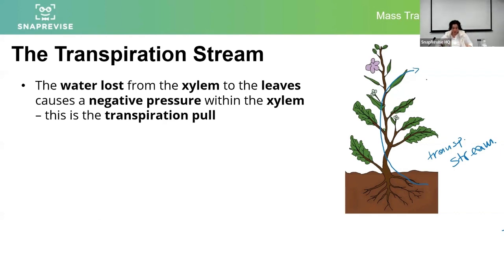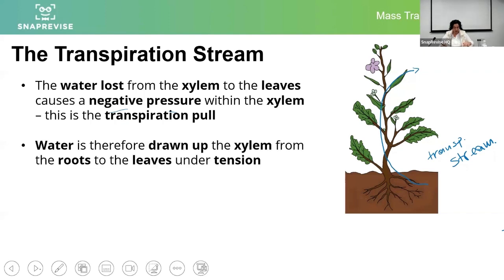So water first is lost by the leaves, and that causes a negative pressure within the xylem. And this negative pressure is what is called the transpiration pull. So the fact that we create a negative pressure means that water will be sucked up, pulled from the roots.